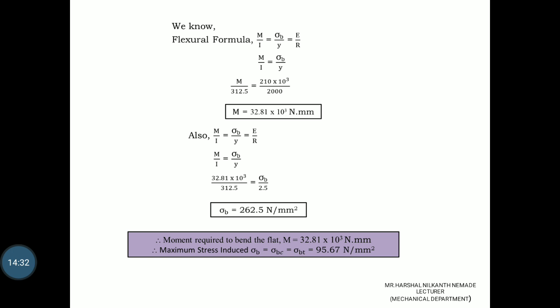What is sigma B? 262.5 Newton per mm square. Therefore, the moment required to bend the flat is M is equal to 32.81 multiplied by 10 raised to 3 Newton mm. Maximum bending stress induced sigma B is equal to sigma BC is equal to sigma BT is equal to 95.67 Newton per mm square.